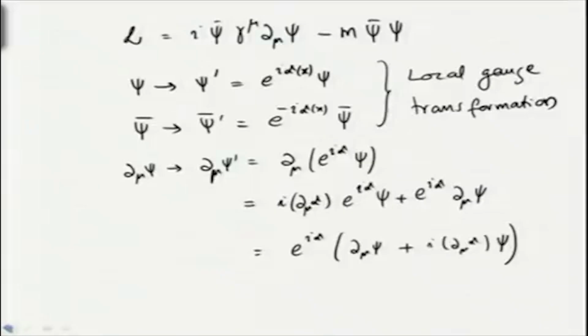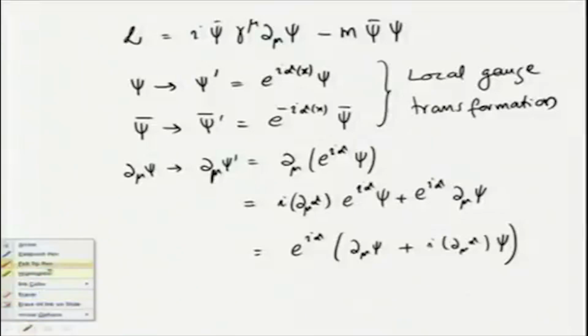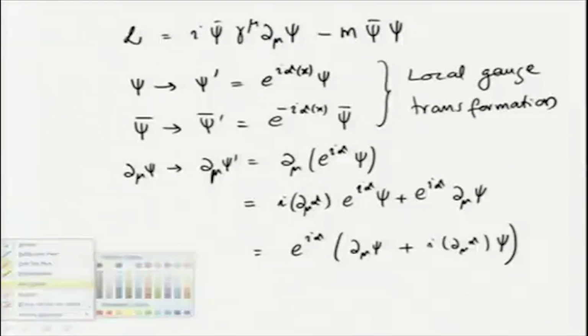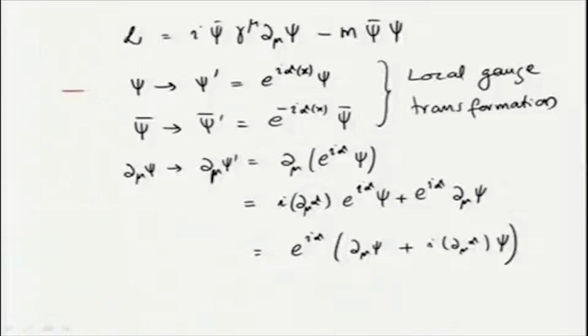Okay. The whole issue was with the derivative term. You see that the derivative is not of the same form as the transformations of psi. The transformation of psi is this way, psi bar transforms in a similar way, but look at dou mu psi. Dou mu psi does not transform in a similar way.